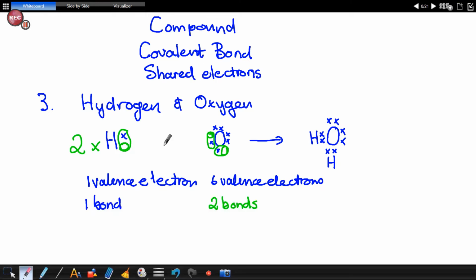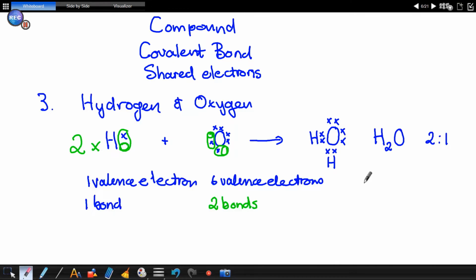So 2 hydrogens and 1 oxygen will make water. So the ratio between the elements in the water is 2 hydrogens to 1 oxygen.